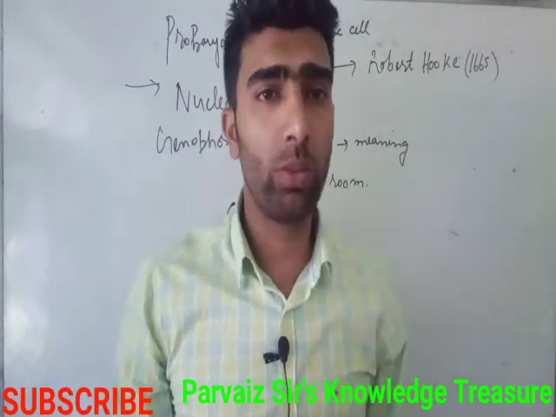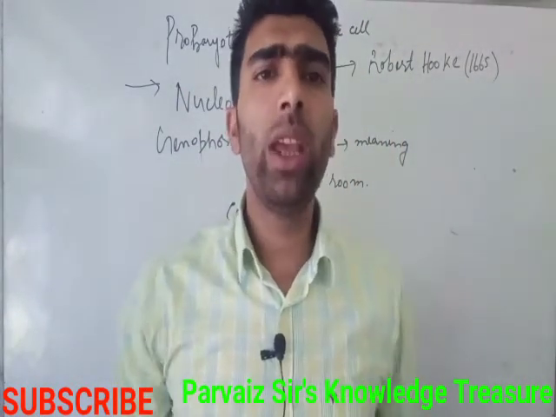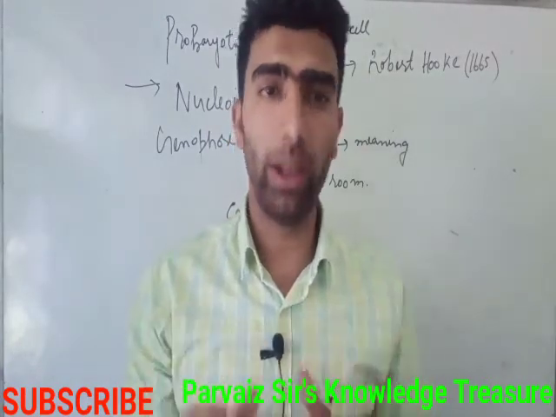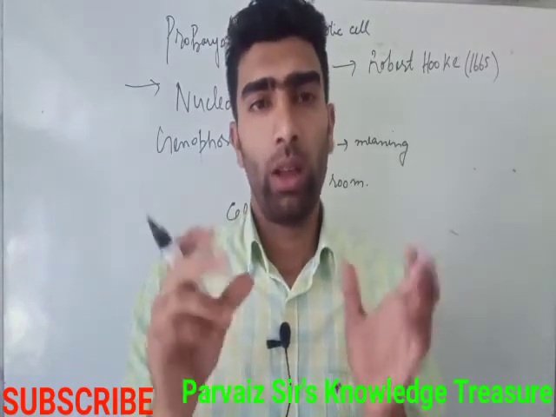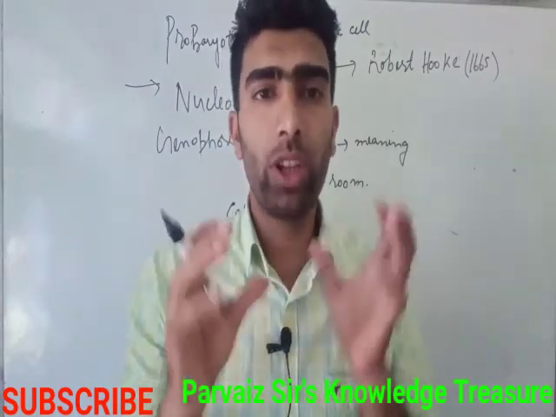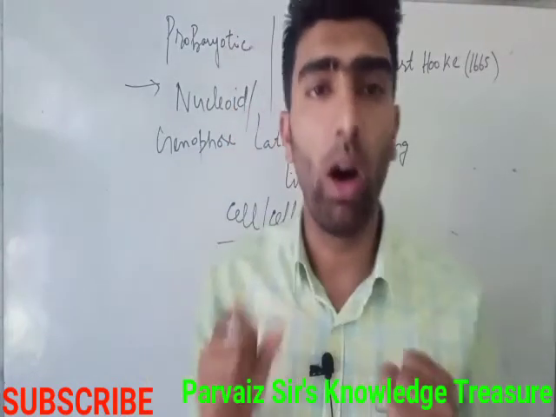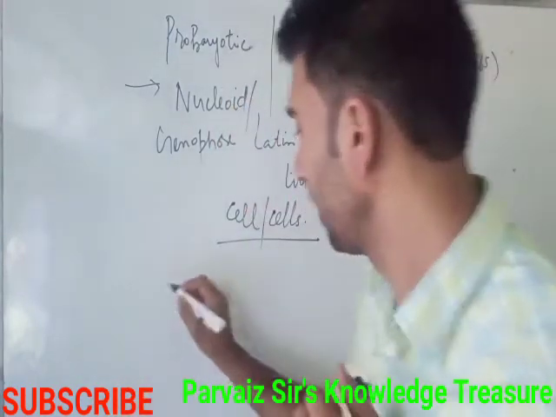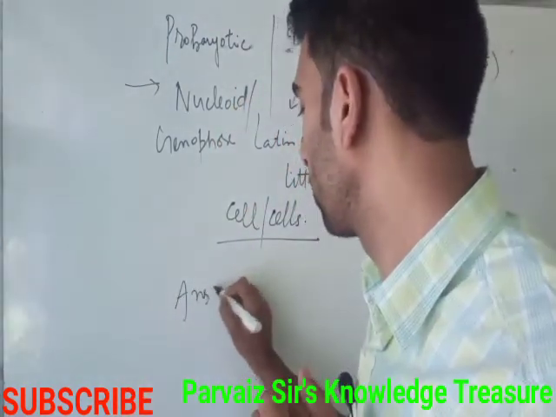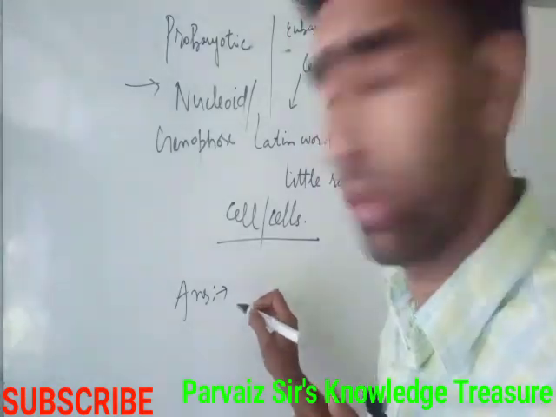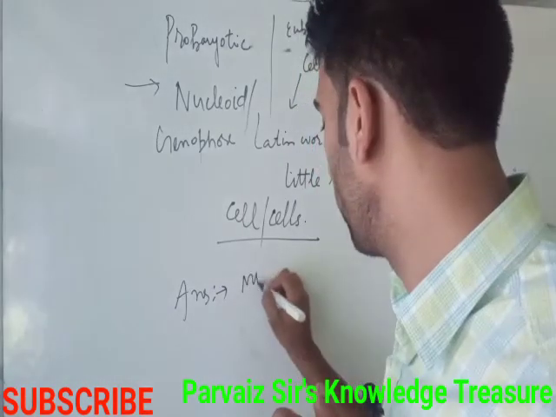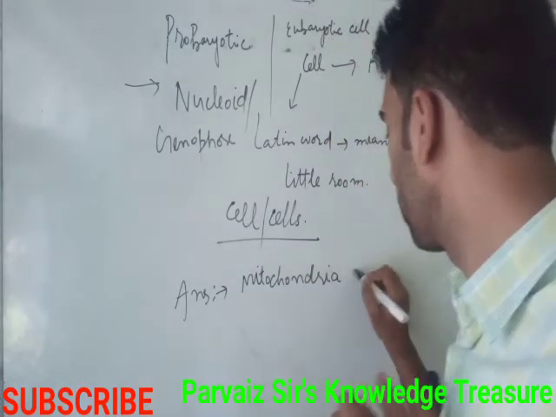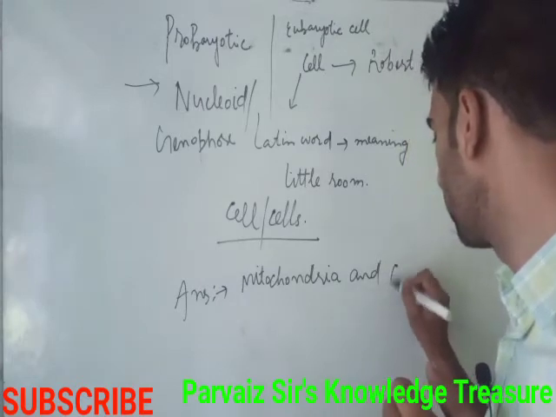The sixth textbook question is, can you name the two organelles which have their own genetic material? The two organelles which have their own genetic material are mitochondria and chloroplast.